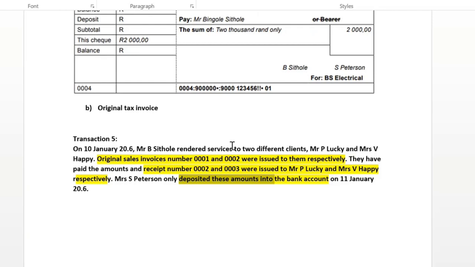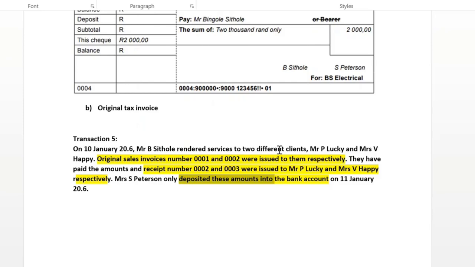Yes, it's important to read the transaction with an understanding. Understanding what the transaction is telling you, then you'll be able to get the answer. You need to understand you are in the position of the business.